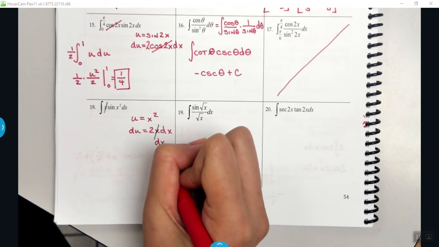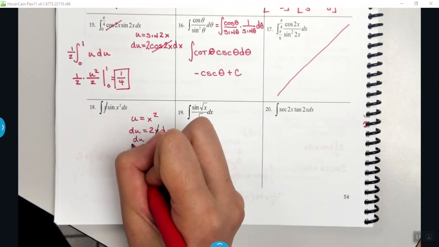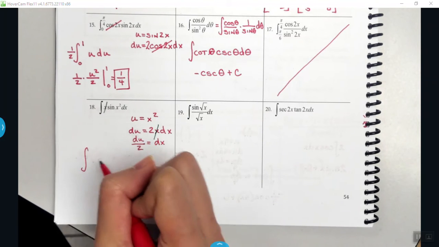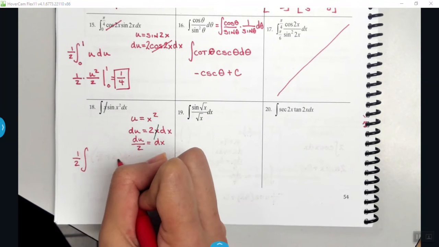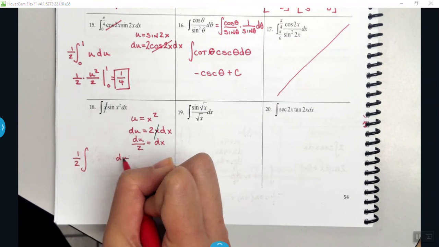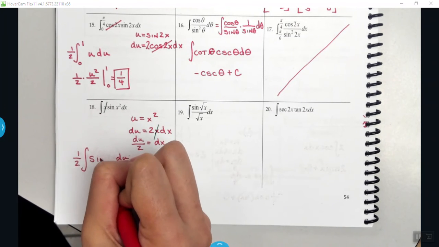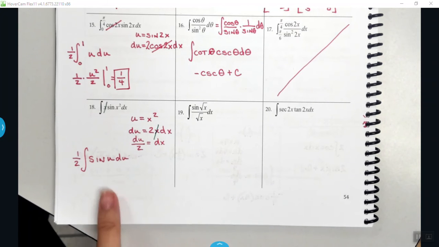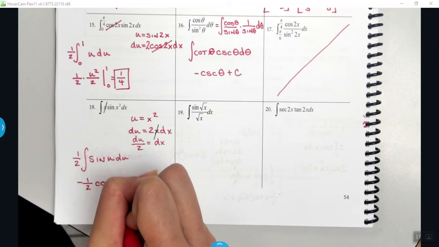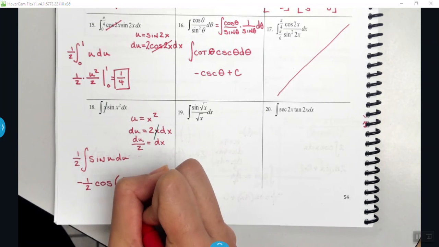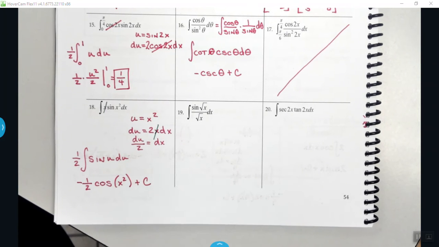So dx is equal to du over 2. So integral of 1/2, the dx is du, and this is sine of u. Integrate sine and you get negative cosine, so it's negative 1/2 cosine. Go back to x squared plus c.